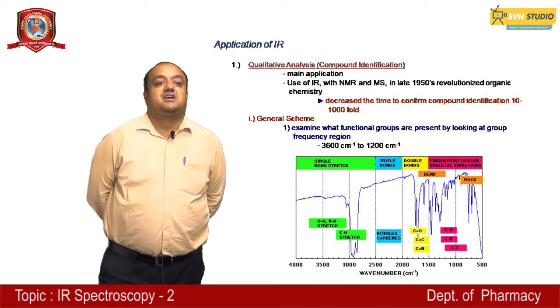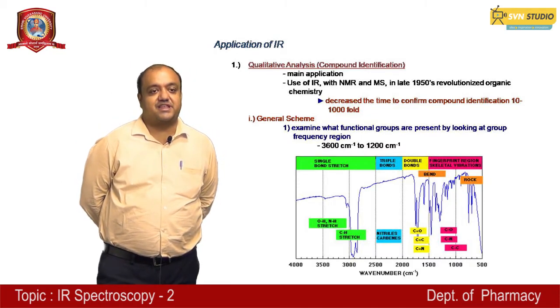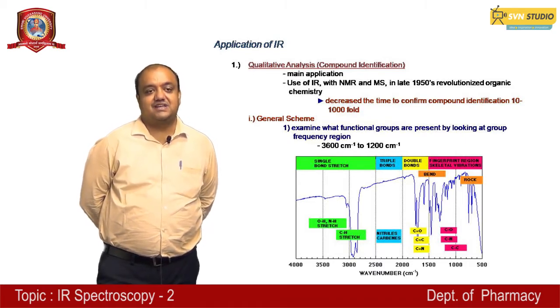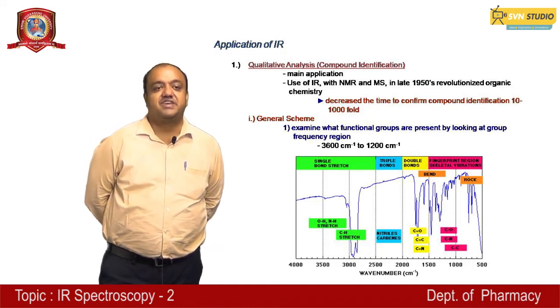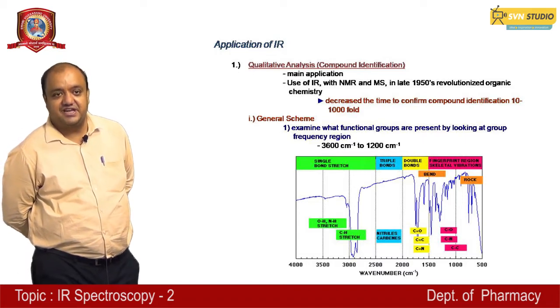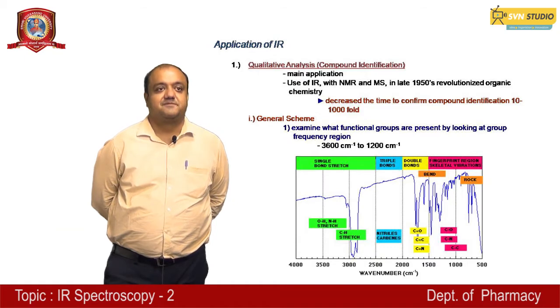This is the IR spectrum, and the x-axis represents the wave number in cm⁻¹, and this one is the absorption of IR. These are the color absorptions in IR rays, which is the visible region.